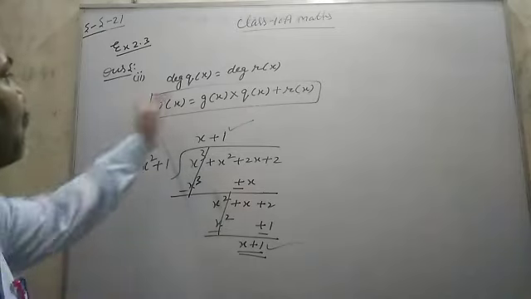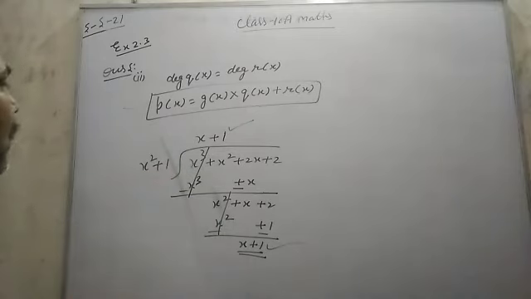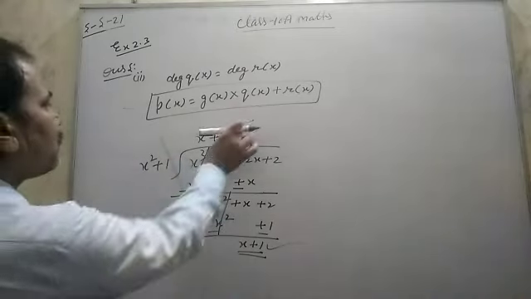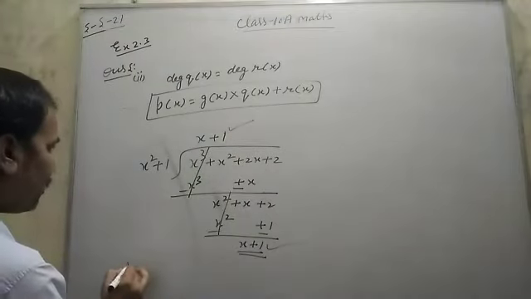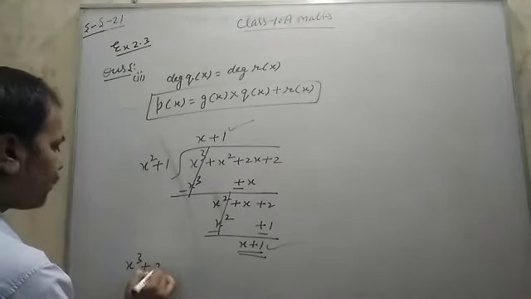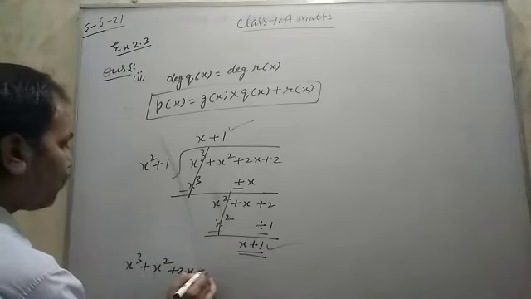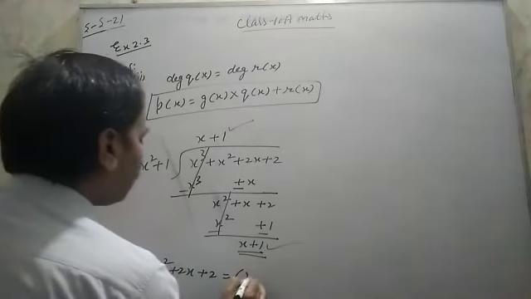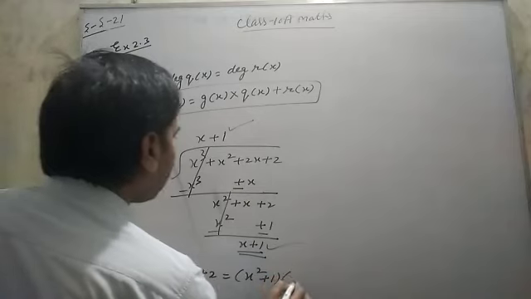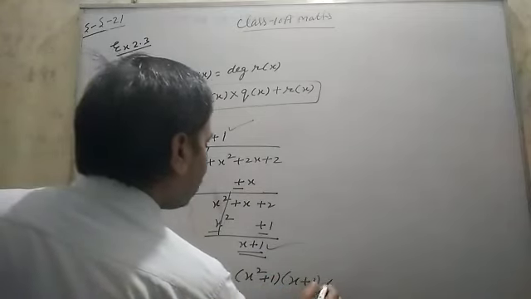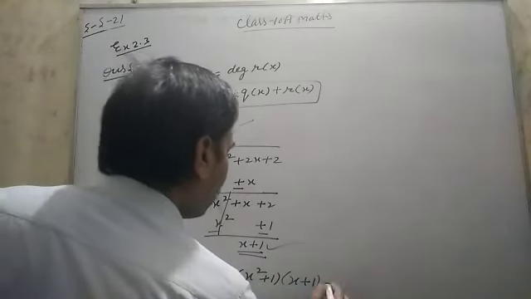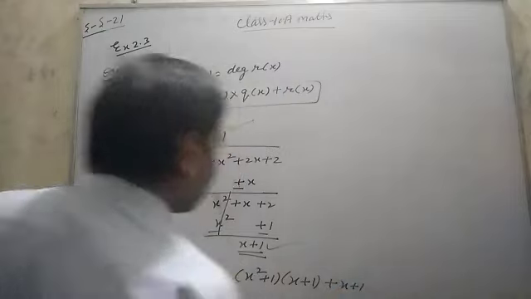Clear? And also it satisfies the division algorithm: x cube plus x square plus 2x plus 2 is equal to x square plus 1 into x plus 1 plus x plus 1.